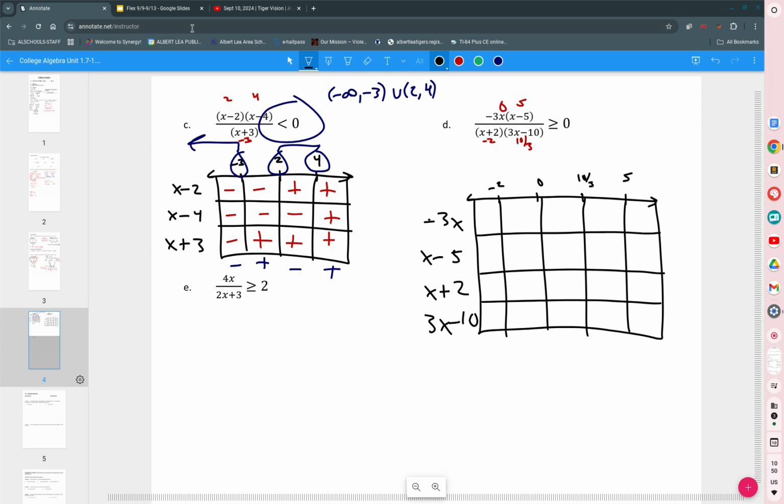Mason, it's a positive, right? Because there's -3 times 2. Mr. Gantz, would this be -3 times -3, positive? -3 minus 5 is negative.